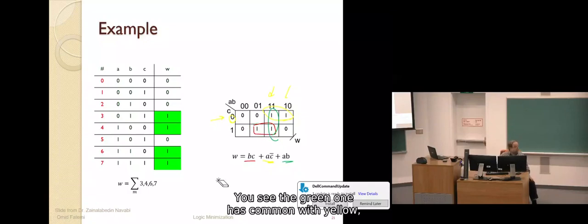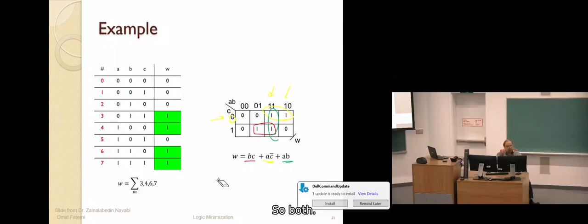You see, the green one has something in common with yellow, but is not completely covered by that. Green has something in common with red, but it is not completely covered. The same thing with the red one. Red also has something in common with green, but not completely. So all three are prime.